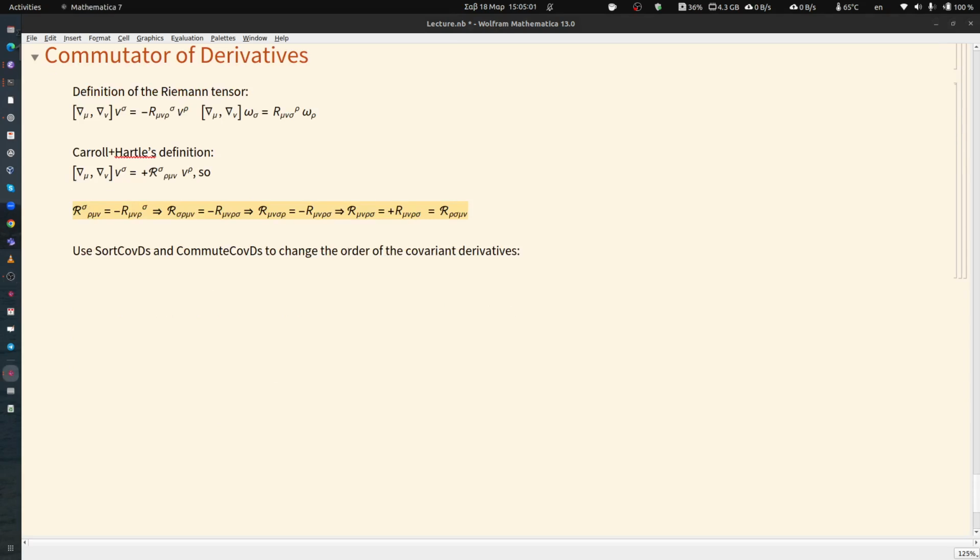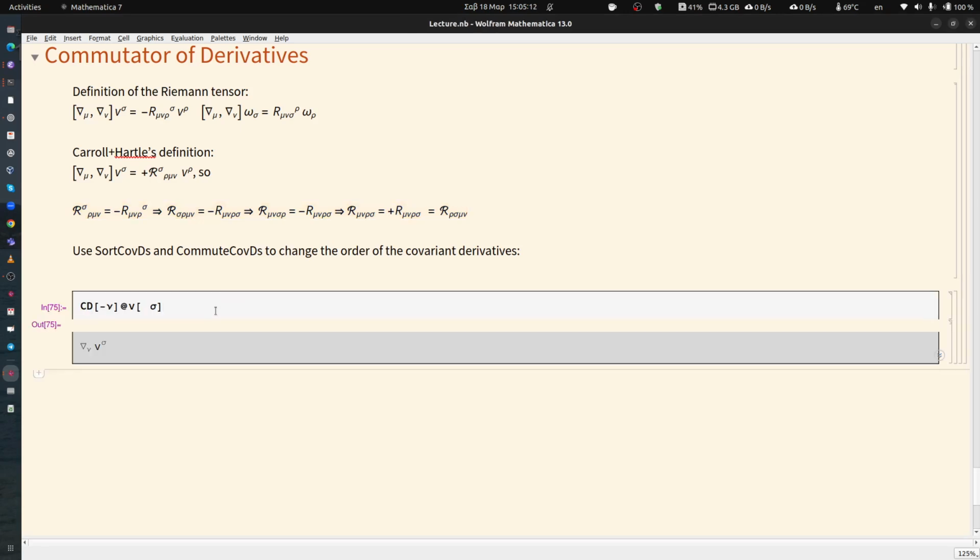So in the previous video we had shown how to compute the covariant derivative of a tensor. So here it is the derivative of a vector v, and then if you want to differentiate again, you can apply the derivative here in the beginning, and we had explained why you can use the MapAt symbol of Mathematica to write down the expressions in this form.